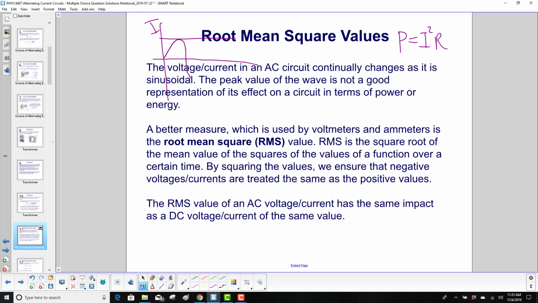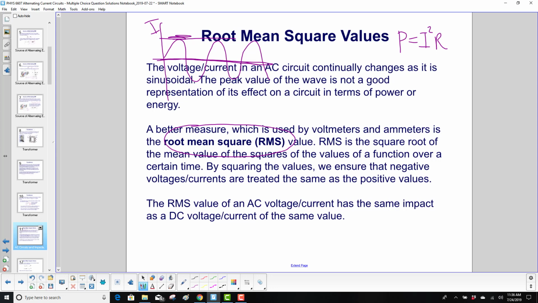But if you have an alternating current, what number do you use? You can't use the peak because you don't always have that current. You can't use an average because that will be 0, and you know you're delivering power. So what do we use? Root mean squared values, and that's what's used by voltmeters and ammeters. It's the square root of the mean value of the squares of the values of a function over a certain time.